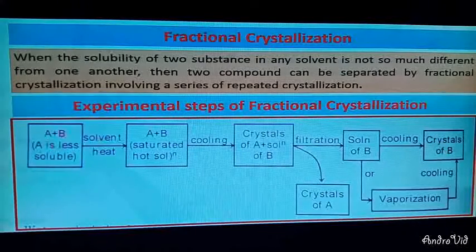So by this way it is possible to separate solid A and B from this system. So fractional crystallization is basically the process to separate two or more solid substances where the solubilities of them are comparatively close to each other, okay.